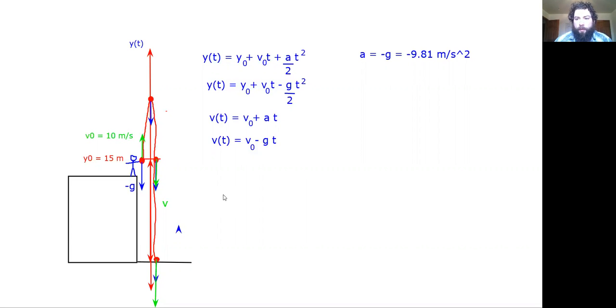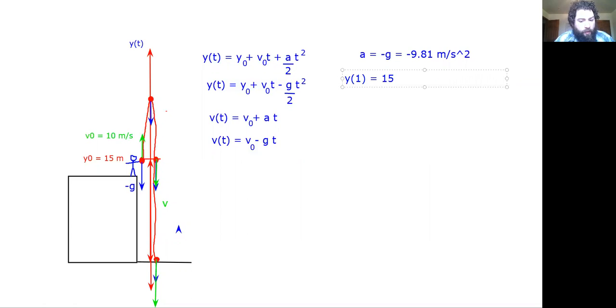Okay, so we're going to figure this out for t equals 1, using this equation here. So y at 1 second, oh, I want that in blue. Okay, so y at 1 second: we know y of 0 is 15 meters.